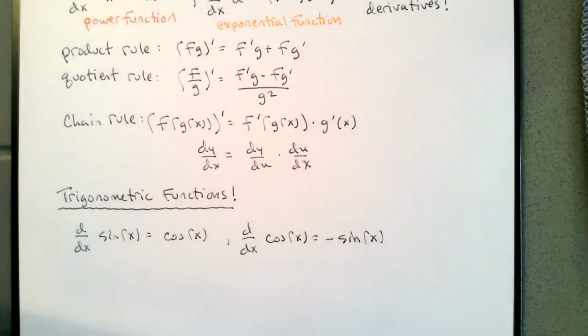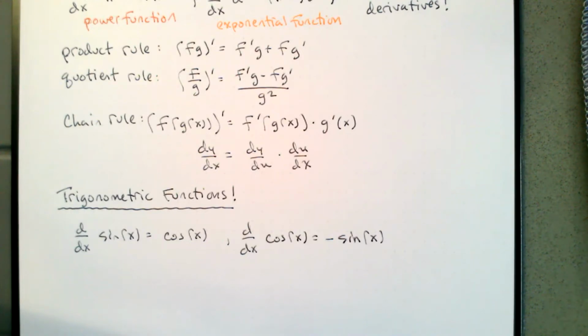Derivative of sine is cosine. The derivative of cosine is negative sine. This we can add to our list of basic derivatives. And then we can start throwing these in combinations to use product rule, quotient rule, and chain rule.